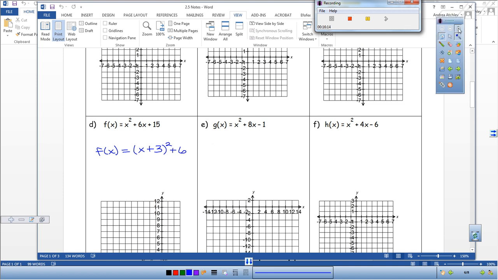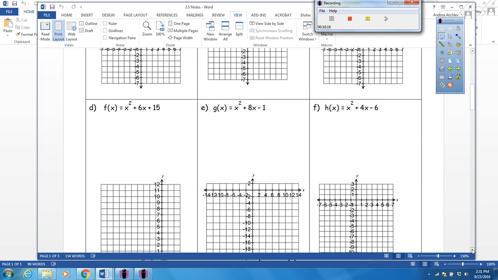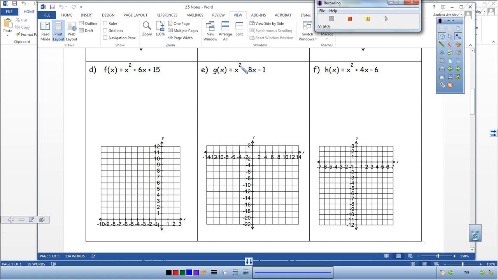Okay, so then when we graph it, we're going to go where x is negative 3, because our vertex now then is the opposite sign. Negative 3 and positive 6. So where x is negative 3 and y is positive 6 is right here.